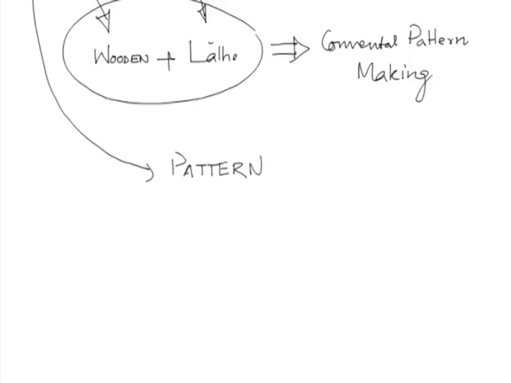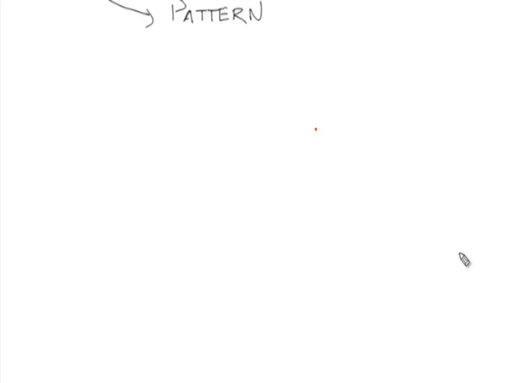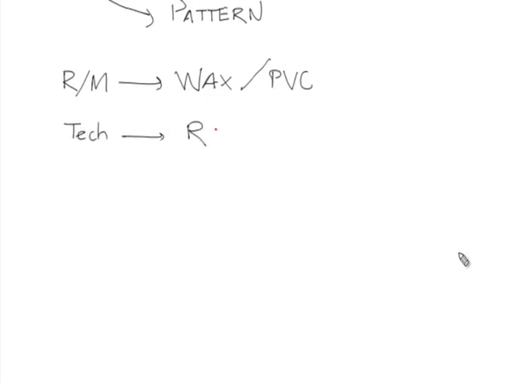However, in the same situation, say as a raw material I have wax or some other, say PVC material, then I have the technique available, say rapid prototyping technique, or the machine I am having is the rapid prototyping machine.